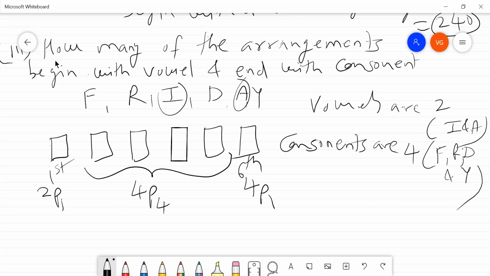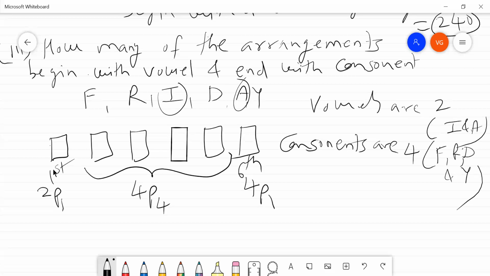See, in this third one, we have to count how many arrangements will begin with a vowel and end with a consonant. So what we have done, we have counted how many vowels there are among these letters. The vowels are only 2, I and A, and the remaining 4 are consonants, F, R, D, and Y. So the first place I have to fill by these 2 vowels.